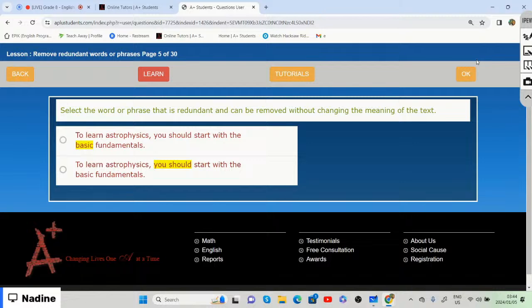So if we remove the words you should, is it going to change the meaning of the text? So, for example, it says to learn astrophysics, start with the basic fundamentals. Or do we say to learn astrophysics, you should start with the fundamentals?